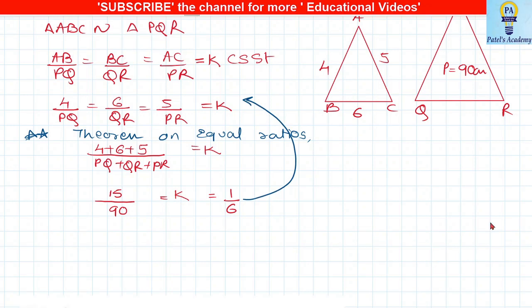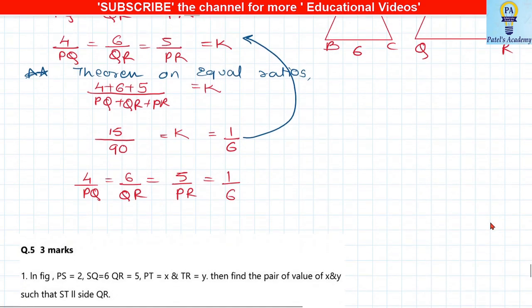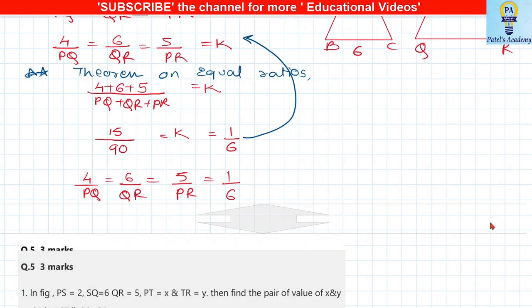So what I get is 4 upon PQ equals 6 upon QR equals 5 upon PR equals K, that is 1 upon 6. Now let me compare the ratios.